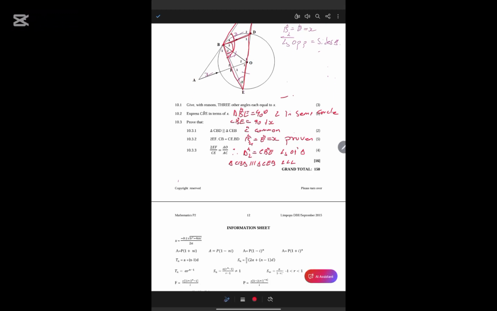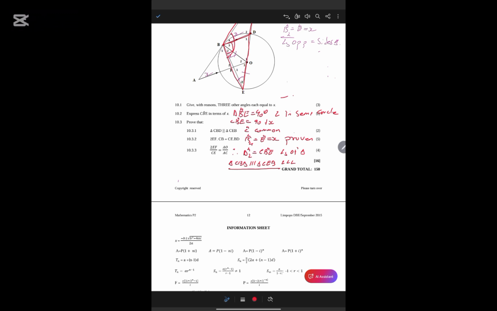Now, let us look at question 10.3.2. They say 2EF times CB is equal to CE times BD. So what you do is go and look at those similar triangles. Remember, you must make sure that the way you write the triangles, corresponding angles are aligned correctly. Looking at the expression, we have CE times BD. So I have a cross multiplication there.